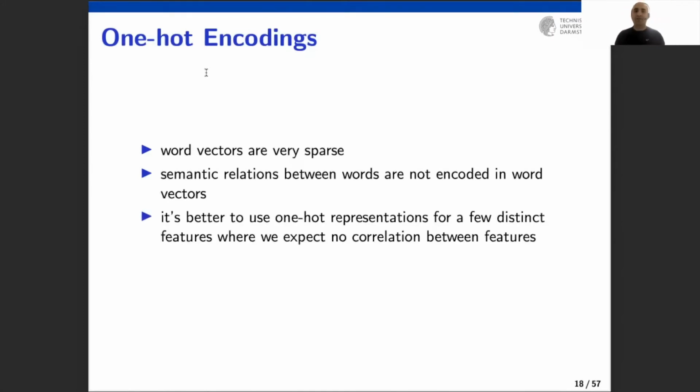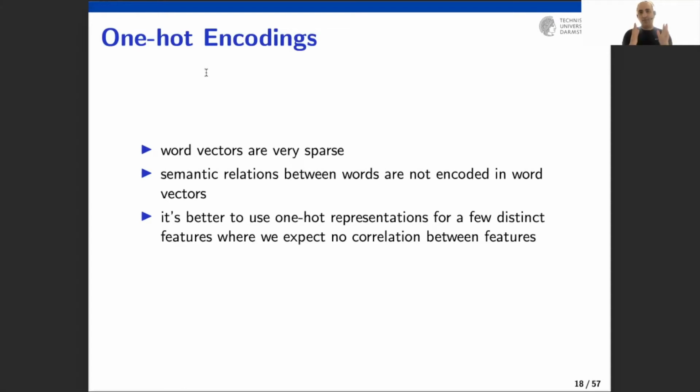Therefore, it's better to use one-hot representation for a few distinct features, like the categorical labels that we had in some previous slide, where we expect no correlation between features.